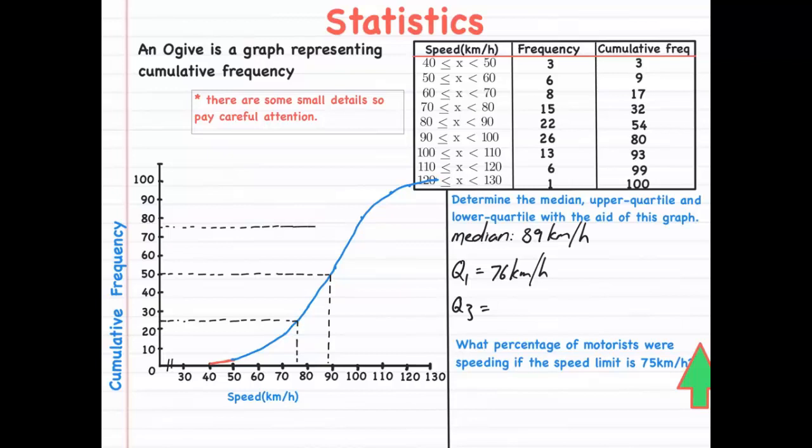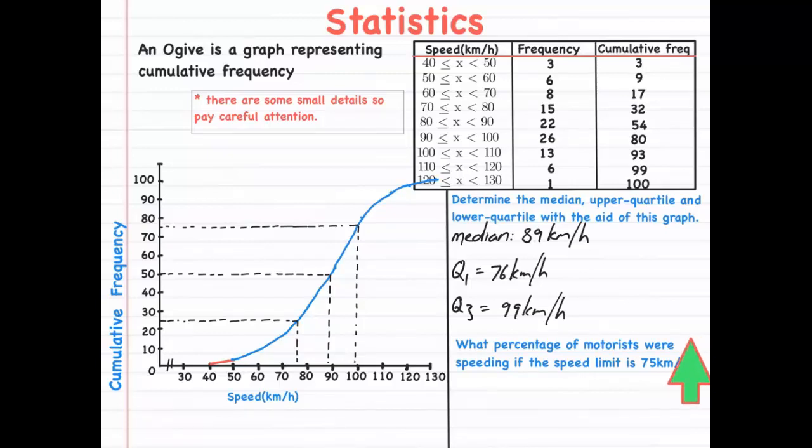You can just use a ruler, and then we go straight down and see what the value is on our x-axis, and that will be about 99 kilometers an hour.